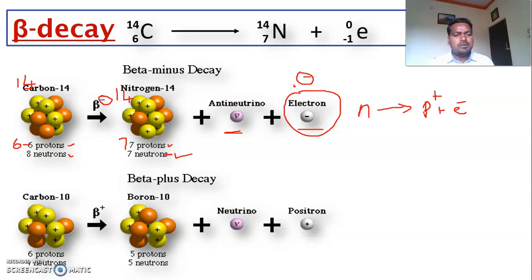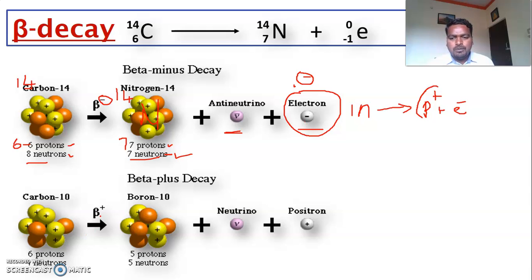If 1 neutron is converted into a proton, the daughter nucleus must have 1 neutron less compared to the parent, that is, here it is 8 and here it is 7, and 1 proton must be increased. So before it is 6 protons, then it becomes 7, N-14, and it gives an electron.